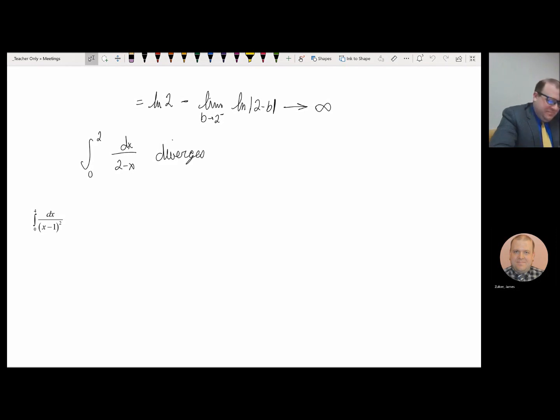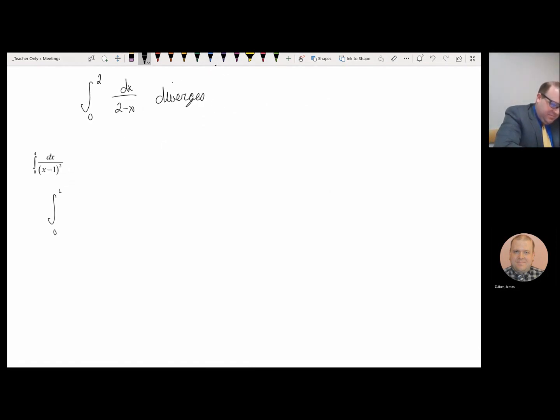What about here? What is the integrand? Where is that discontinuous? Is 1 in our interval? It is. We have an improper integral.